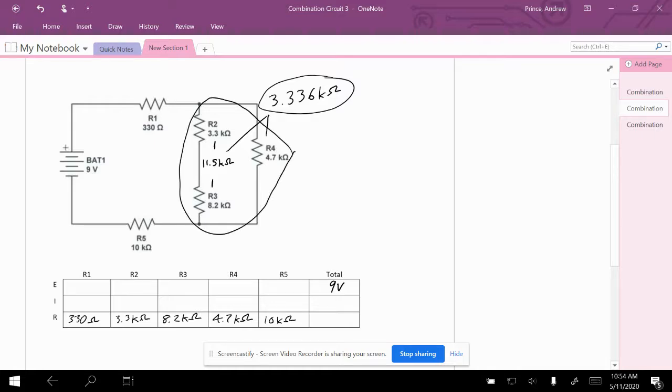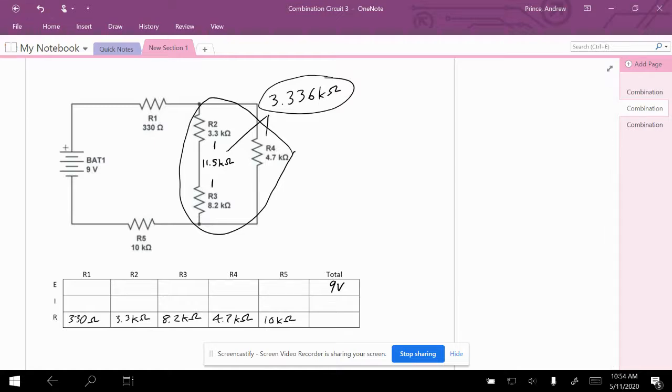Now this value is a combination of everything on this end of the circuit. In reference to that one, R1 and R5 are in series with this value, so we can just add those together. We'll pay attention to our units again, because we have kilo ohms here.